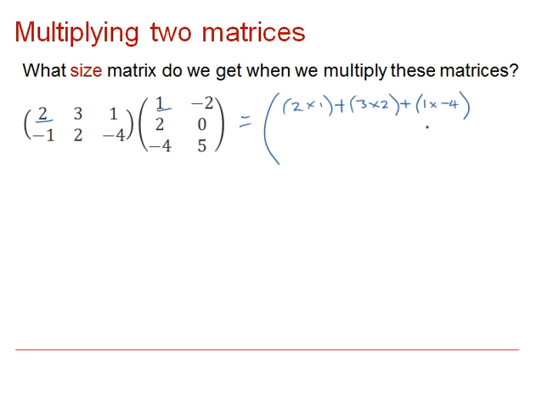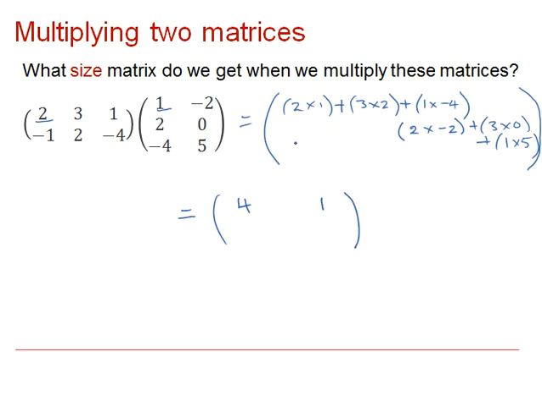If I then look at the first row and the second column, we would have a 2 times minus 2, plus a 3 times 0, plus a 1 times 5. Okay, so far I would have had a 4 and a 1.